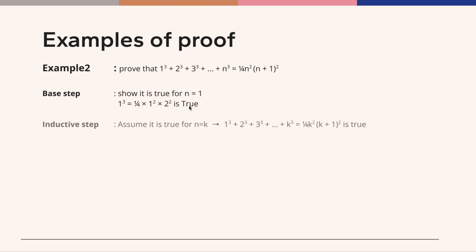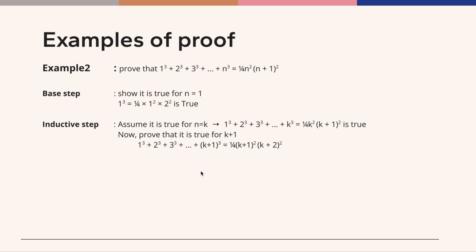For our next step, which is the inductive step, we assume that it is true for n equal to k. Now, we will get this. From our assumption, we can replace k into this, and we assume that this is true. Now, after assuming it is true, we have to prove that it is also true for k plus 1.